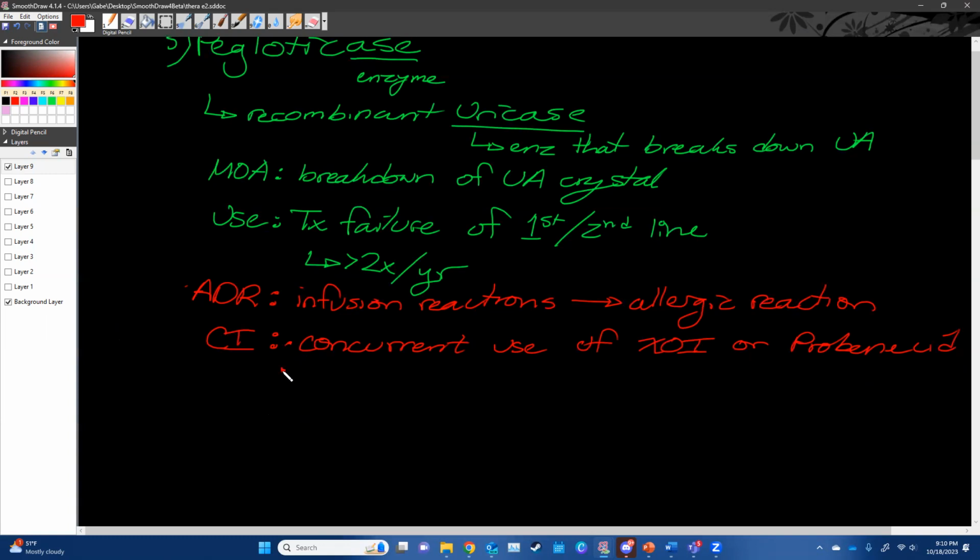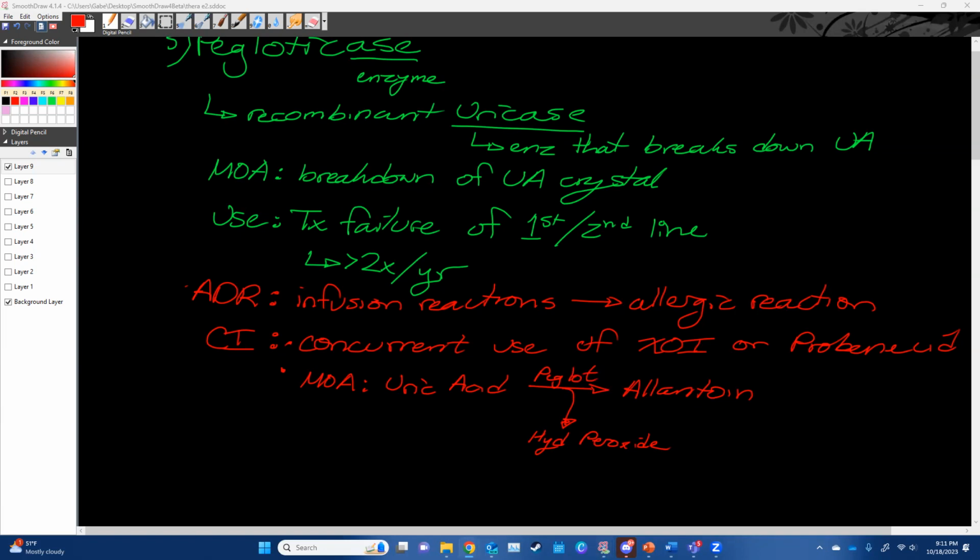The other big point about this is that the mechanism of action, what it does is it takes uric acid and, through pegloticase, we end up with allantoin. Part of what comes out of this reaction is hydrogen peroxide. Hydrogen peroxide is a major oxidizer in the body.